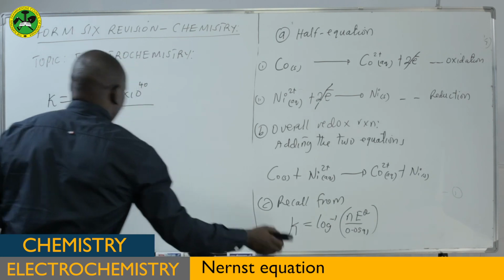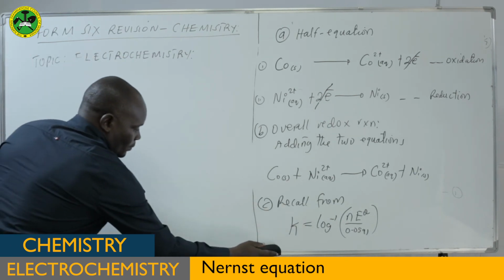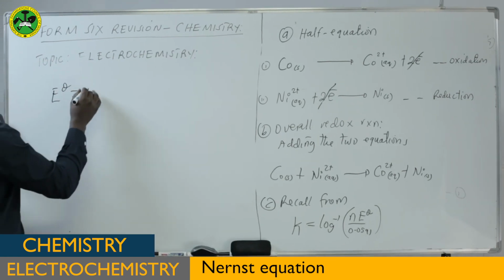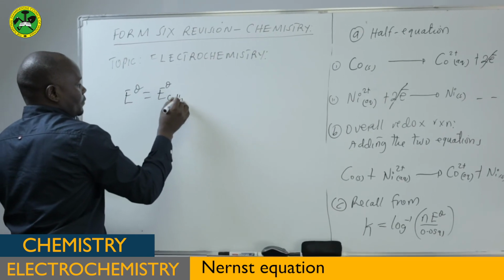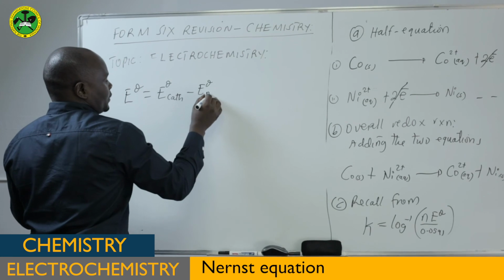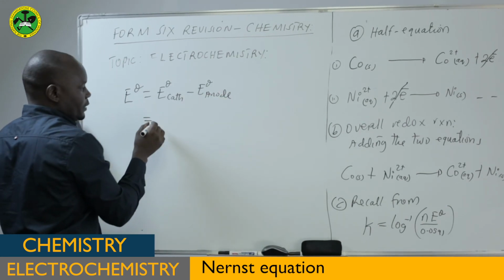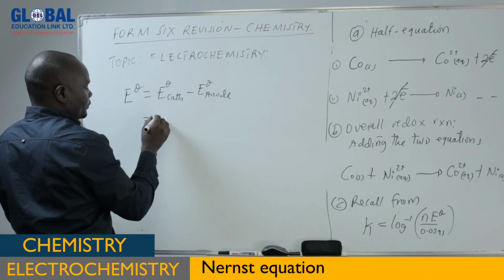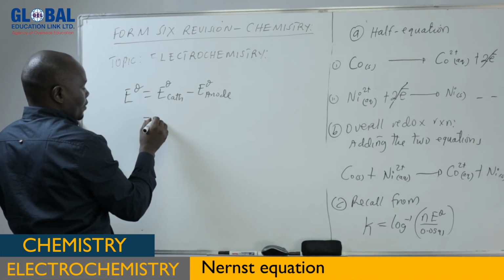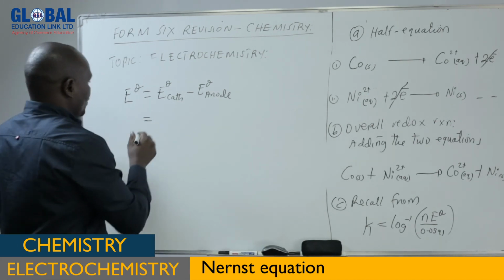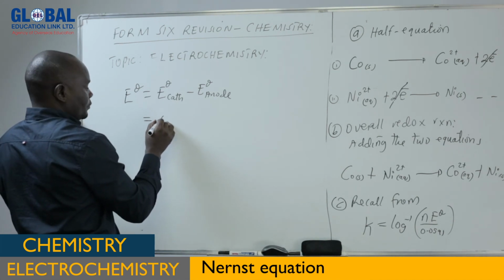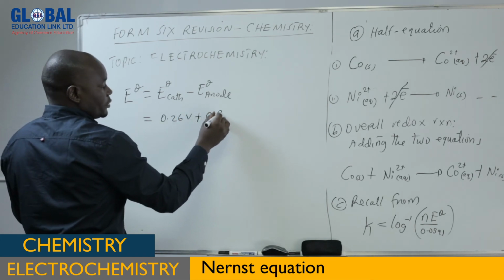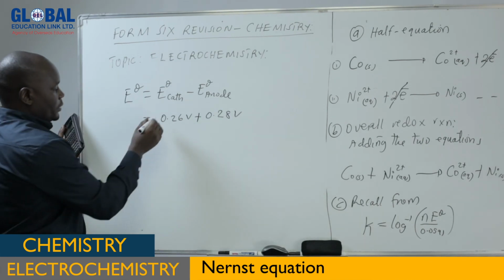So the standard electrode potential is equal to E cathode minus E anode. The cathode is nickel, negative 0.26 volt, minus the anode, which will be plus now 0.28 volts, so this is negative.